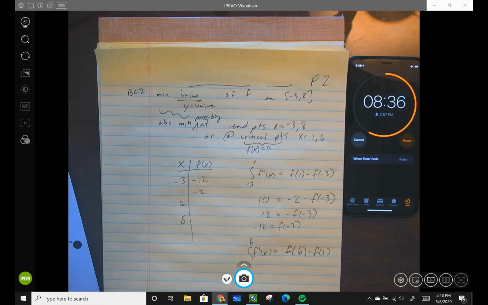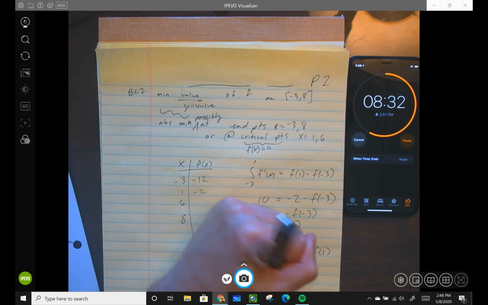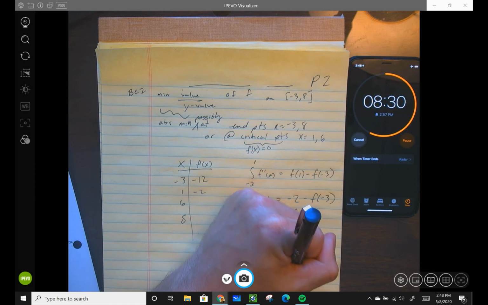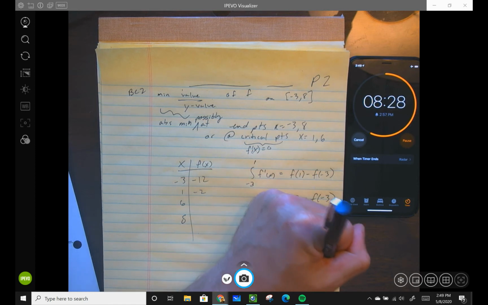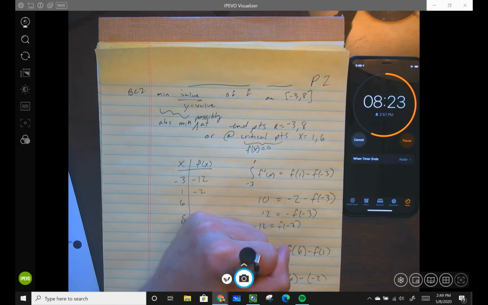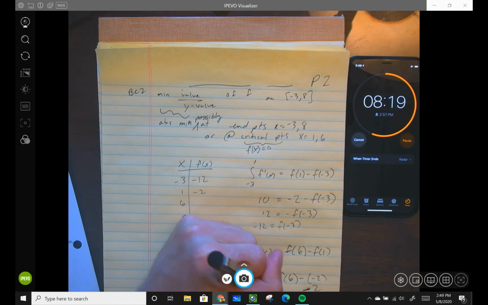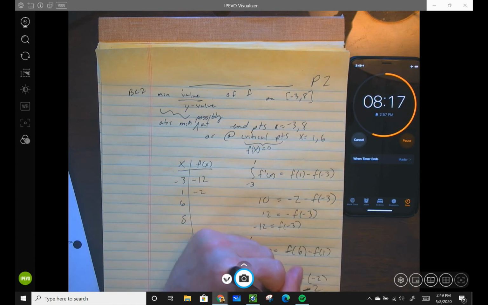From 1 to 6, the area under the curve is -14 because the integral is the signed area. F of 6 I don't know, minus f of 1, which is -2. So that's a +2. So f of 6, add 2. No, that's a +2, so you have to subtract 2. So -16 equals f of 6.